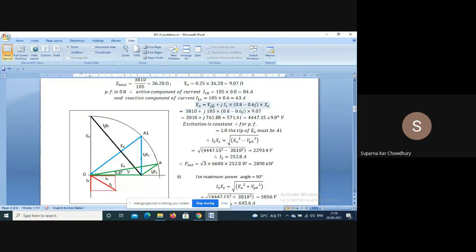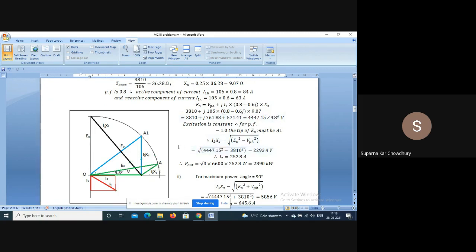V phase is known. So these can be computed and we get the value of E0. This is the magnitude OA, and this is the angle. This angle is 9.8.